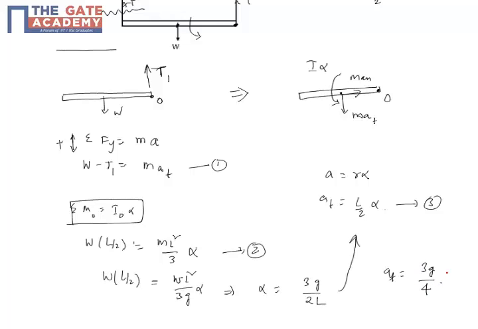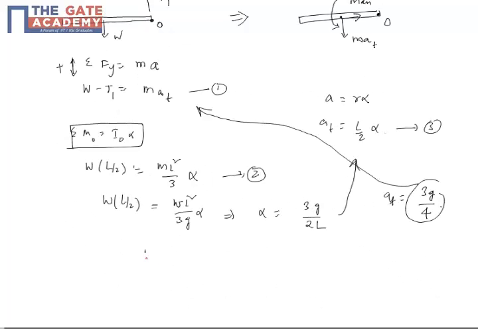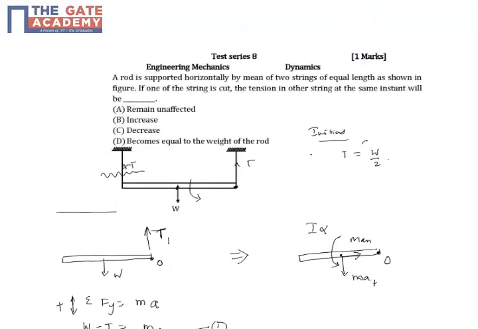Now if I substitute this 3g by 4 in the first equation, T1 is W minus m a_t, which is 3g by 4, and mg is W, so W minus 3W by 4, so W by 4. So the string will feel a tension of W by 4, which is less than the initial tension, which was W by 2.